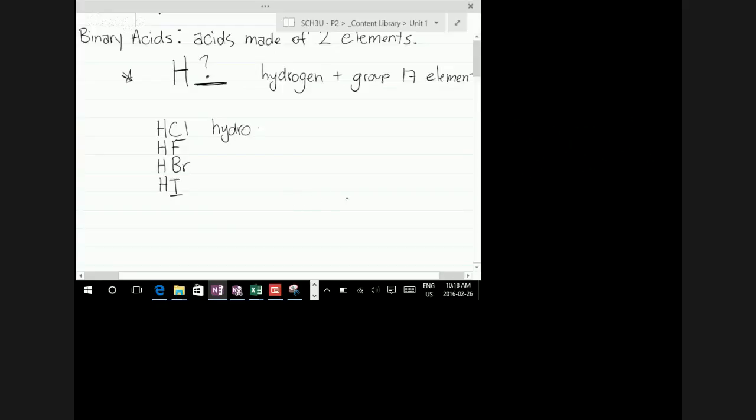We call it hydrochloric acid. Now, HF is hydrogen fluoride, but when I dissolve it in water, it becomes hydrofluoric acid.